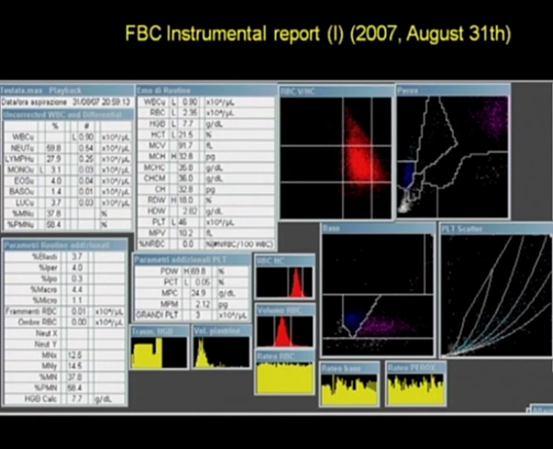This instrumental report was performed by Siemens technology, which uses a laser, so it's an optical technology, and uses automated cytochemistry. Here, white blood cells are displayed according to the volume and the content of peroxidase.